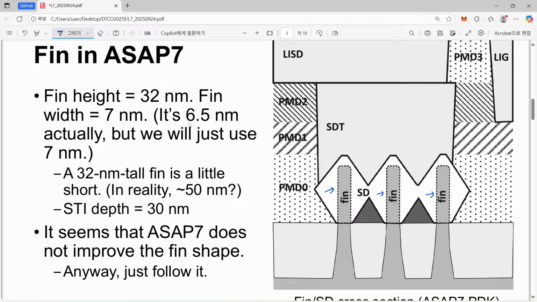the height of a fin effectively is denoted as this length scale. This is the fin.